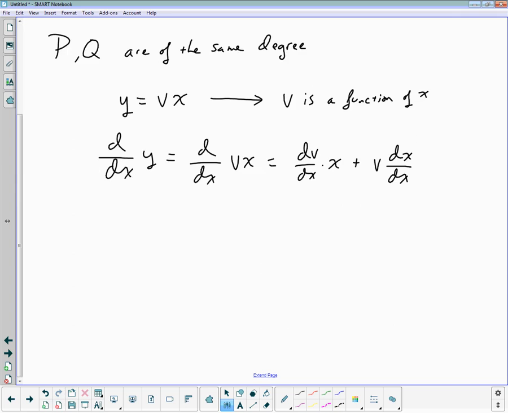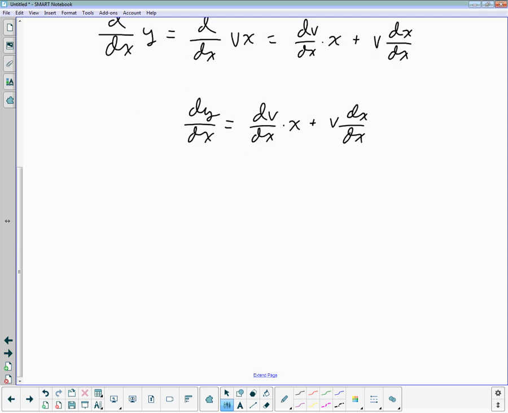Writing it a little more compactly, now it's really tempting at this moment to just turn that last dx over dx into a 1 and move on. But in fact, there's a nicer substitution that we're going to use. We're going to multiply everybody by dx, and we're going to wind up with a very nice thing like this.